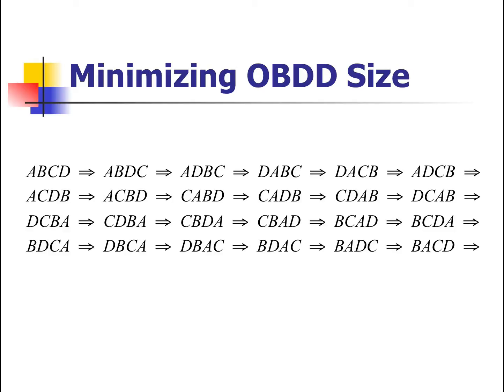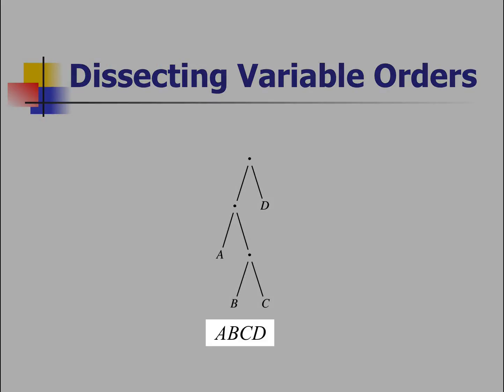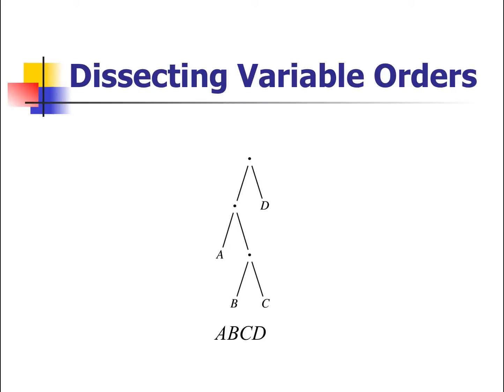Before we talk about how to navigate the space of Vtrees, we will look at this connection between a Vtree and a variable order. You can think of a Vtree as being a dissection of a variable order. What does that mean? In this case, we have the variable order A, B, C, D, and you can think of the Vtree as recursively splitting that particular order.